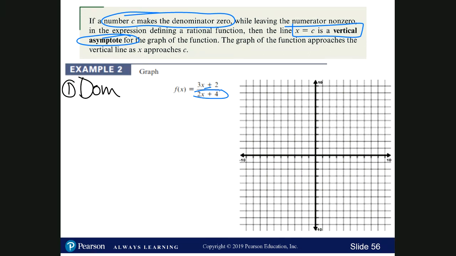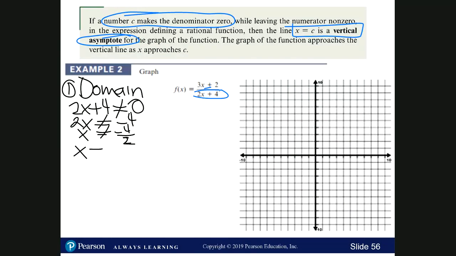And for that, we take the denominator 2x plus 4. We create an inequality that says that it cannot equal 0. So therefore, 2x cannot equal negative 4, or x cannot equal negative 4 divided by 2, which we all know is going to give us negative 2.